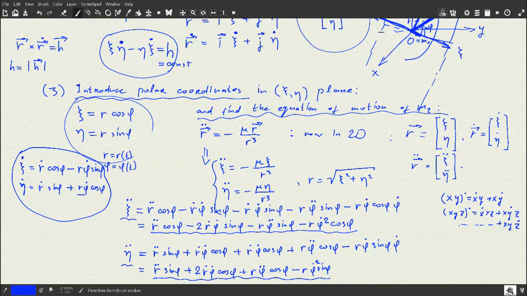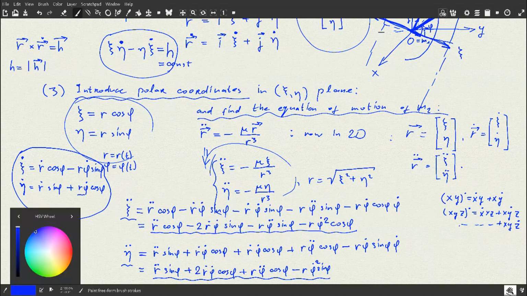And at the same time, from these equations, substituting psi and eta in the right-hand sides, psi is r cosine phi, therefore r in the numerator and denominator would vanish.